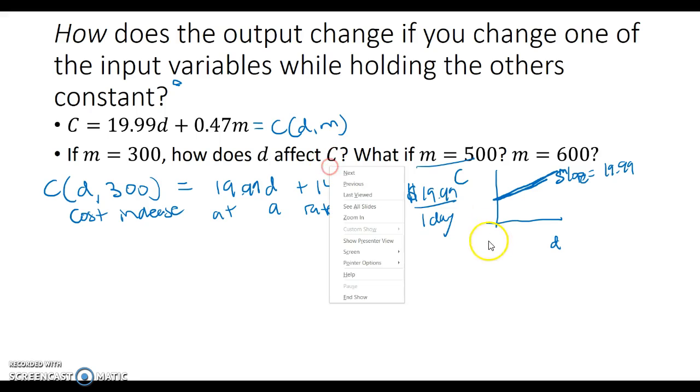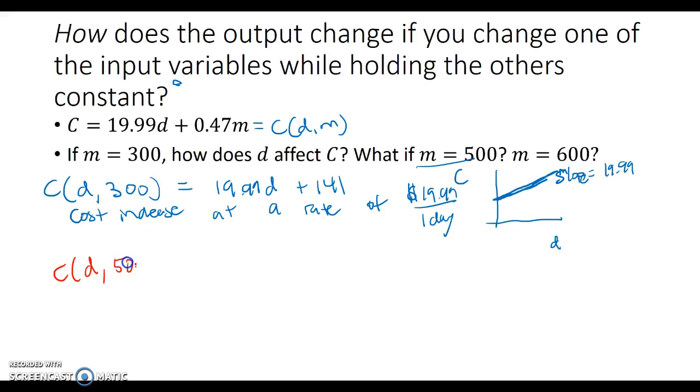Well, if I fix m to be 500, then all I'm going to do differently here is allow in place of the 300, I'm going to have 500. So c of d comma 500 is going to be 19.99d plus 47 cents times 500 in this case.